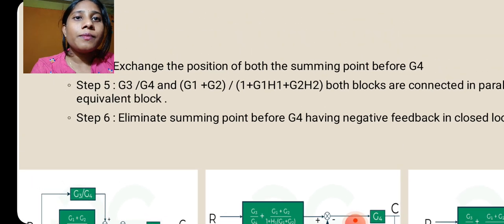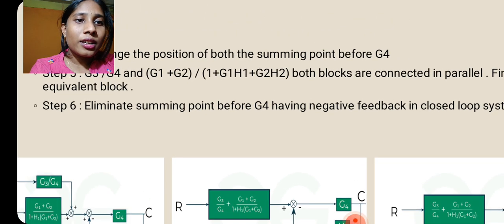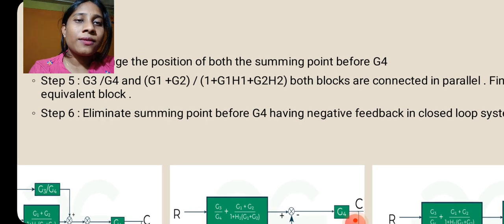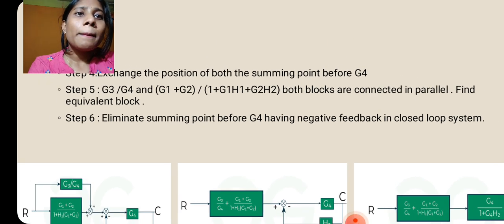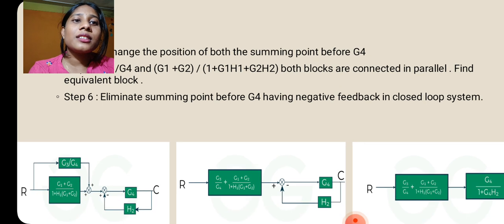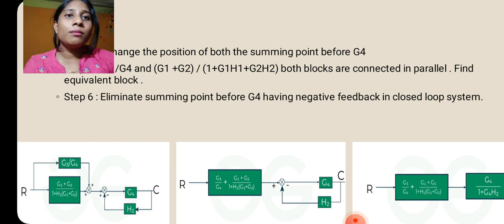And G3 G4, as you can see, G3 G4 and G1 plus G2 by 1 plus G1 H1 plus G2 H2, both blocks are connected in parallel. As you can see, they are all connected in parallel, so we will equate the blocks.